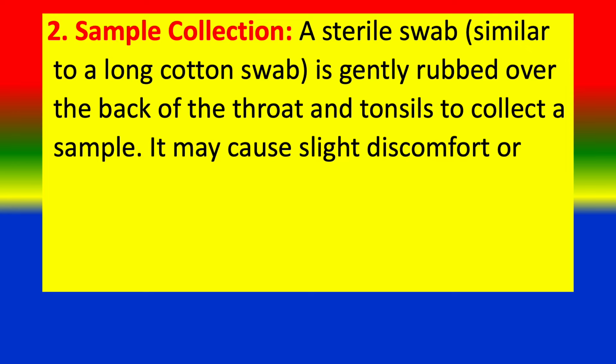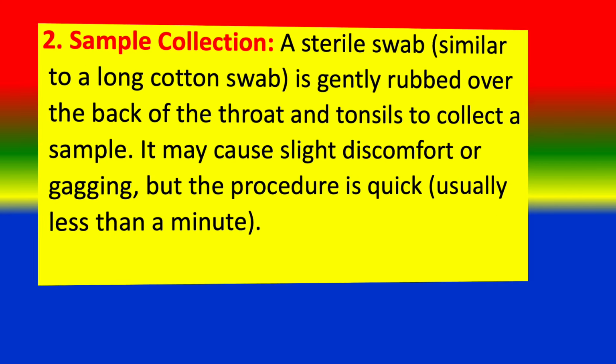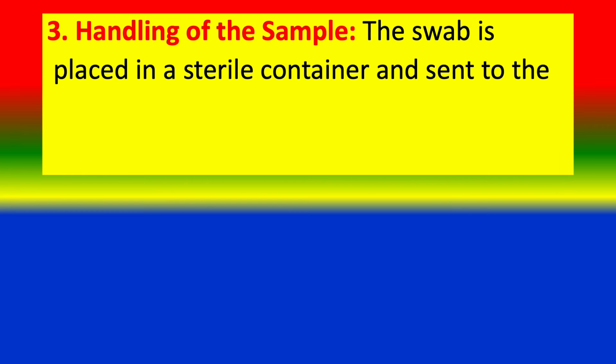It may cause slight discomfort or gagging, but the procedure is quick, usually less than a minute. 3. Handling of the sample. The swab is placed in a sterile container and sent to the laboratory for analysis.